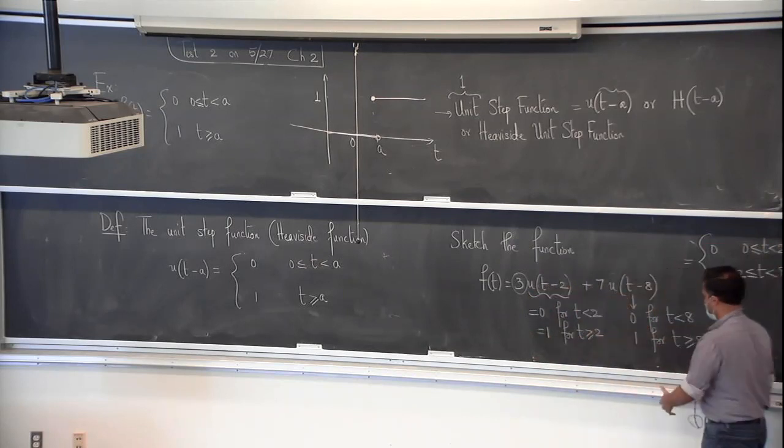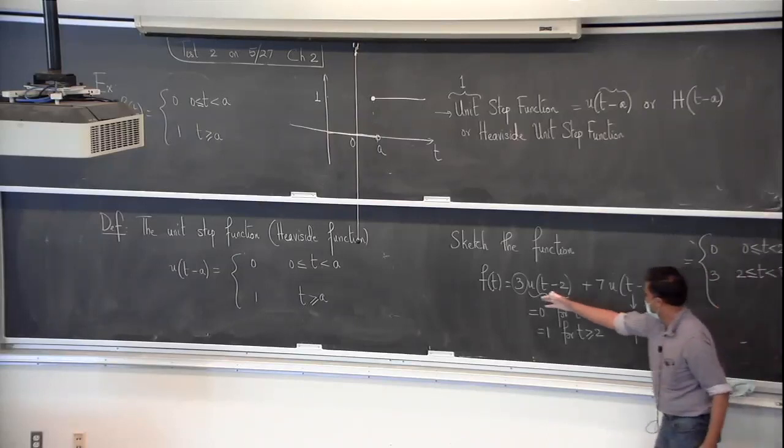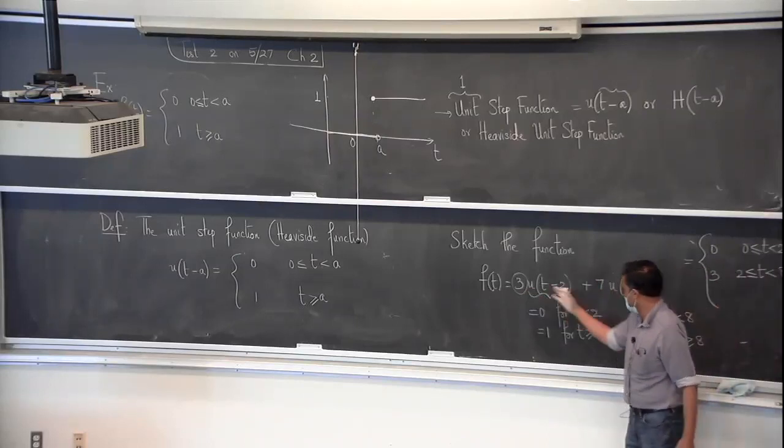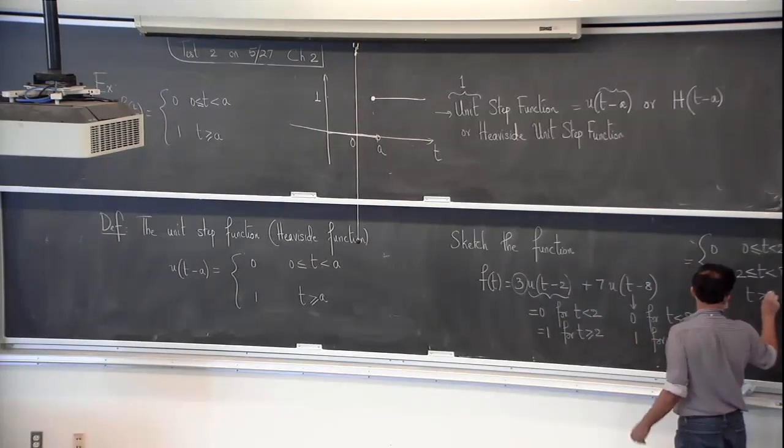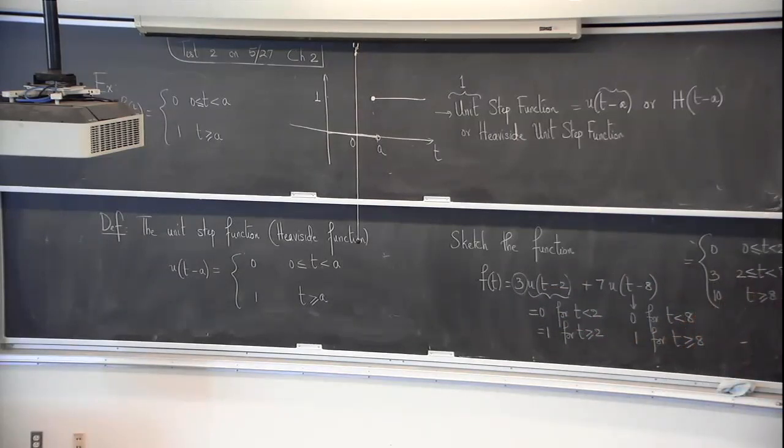Next, both are on. That's going to be the first one, which is already on, 3 plus 7, which is 10, for t greater than or equal to 8. So that's how you convert a sum or a difference of step functions into a piecewise continuous function.